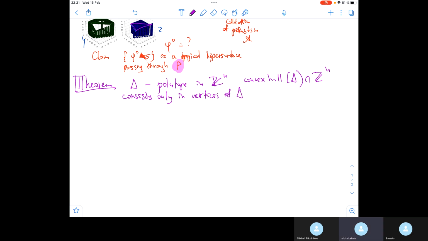Right, so it's kind of a polytope without lattice points inside, without lattice points on the edges, faces, and so on. So only vertices.